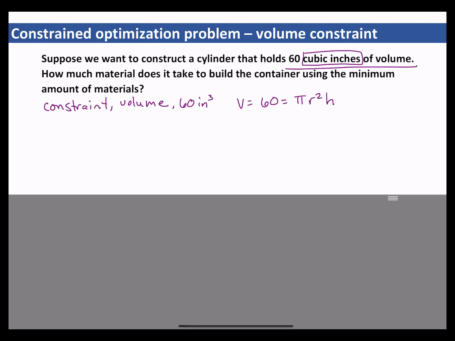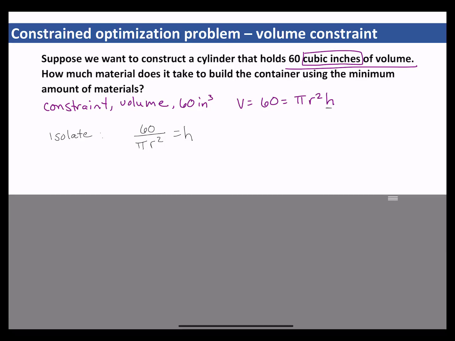The next step we usually do is isolate one of the variables in the constraint, and h would be easier since it's not squared. There's only a single h in that problem. So we would have 60 divided by pi r squared equals h.